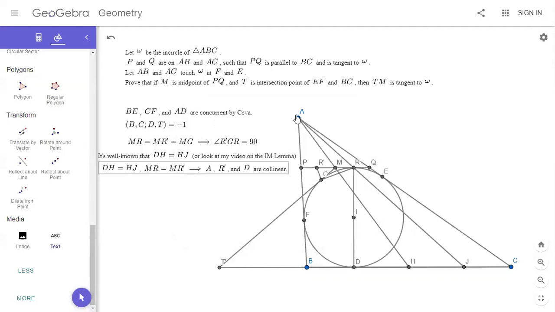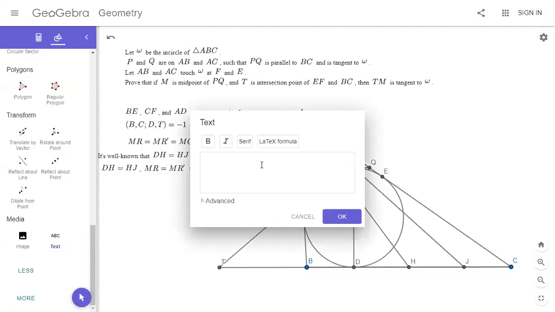Can we show that A, R prime and G are collinear, or A, G, and D are collinear? Let's see. Actually, I'm going to show R prime, G, and D are collinear. I think this might be what Loom is saying. So we know angle DGR is 90 degrees because DR is a diameter.